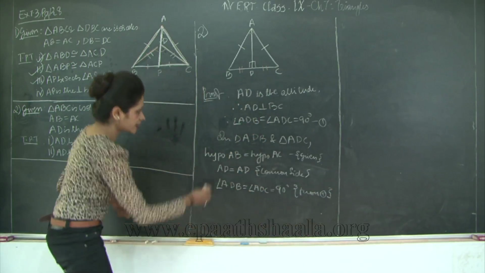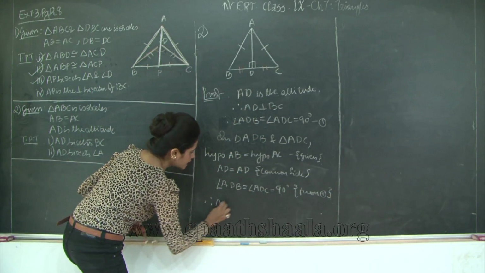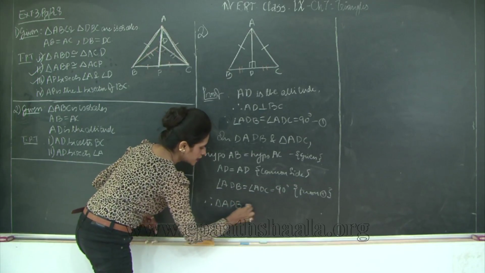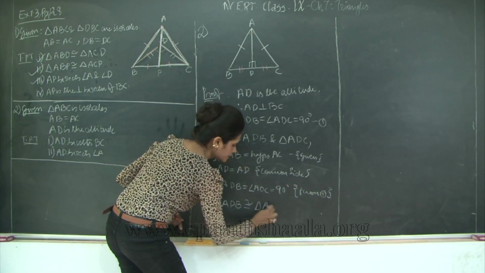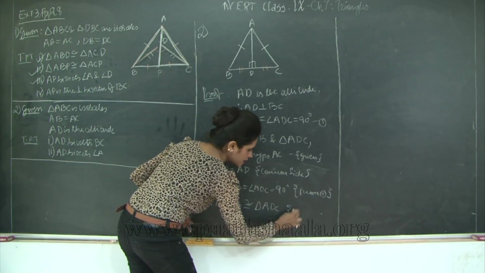So, the two triangles are congruent, that is triangle ADB is congruent to triangle ADC by RHS test.